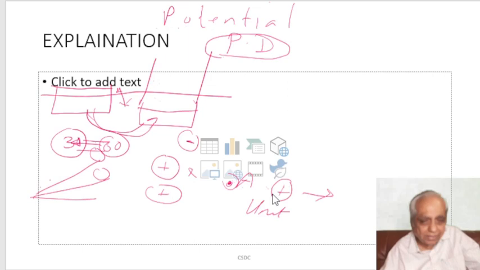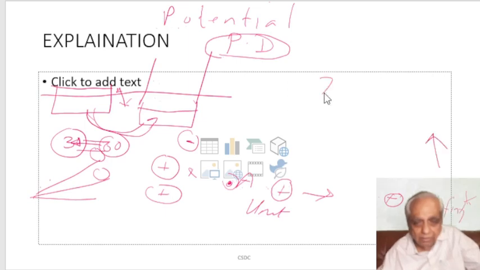If I go here, it will become further less. So, how do we define it? In case I am at infinity, a very large distance, then the potential at that point would be 0 due to these charges. So, we assume that infinity is having 0 potential. At infinity there is no potential.